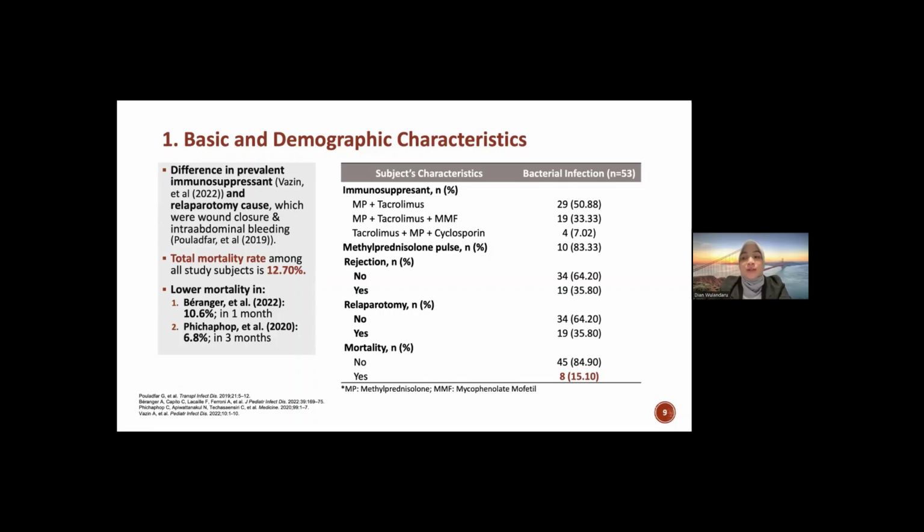However, our mortality rate is not significantly different from Beranger et al., who conducted the study in a developed country, in Paris. This finding indicates that bacterial infection in CMH can be diagnosed and managed effectively, thus preventing patients' mortality.